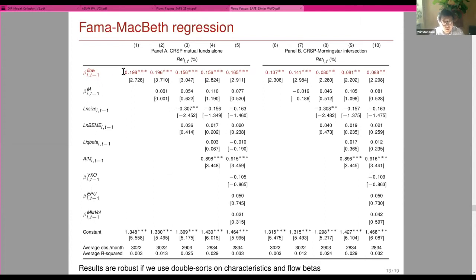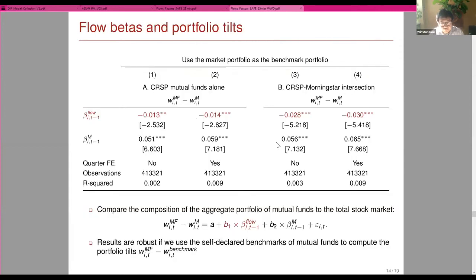You can see the first row, which means it's still the case that the stocks with high flow beta have higher returns. And it's the same in panel B. We do the intersection sample of CRSP and Morningstar. It's also robust. And also I want to emphasize the results are robust if we use double sorts, not Fama-MacBeth regression, double sorts on characteristics and the flow betas. The tables are in the paper. So it's a very robust result.